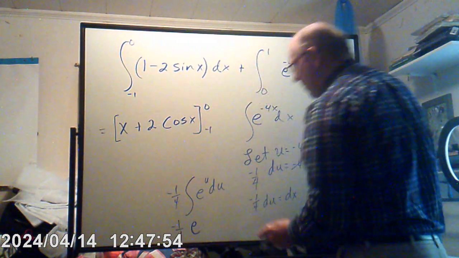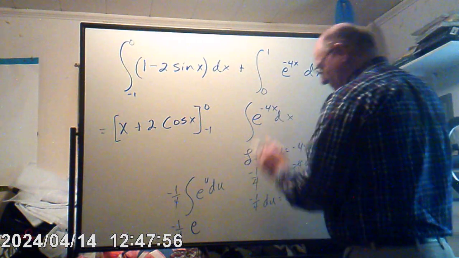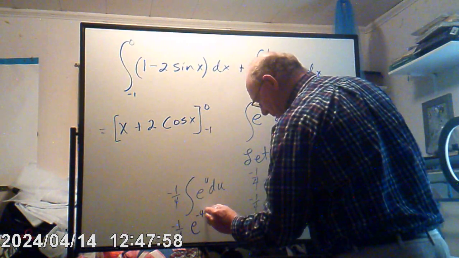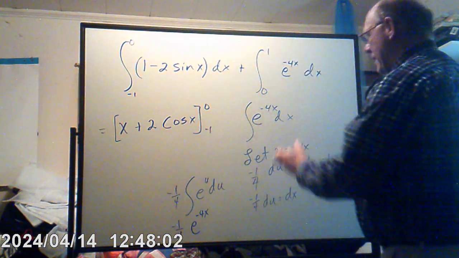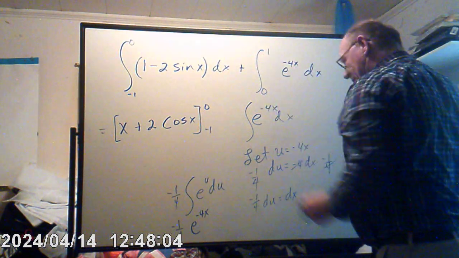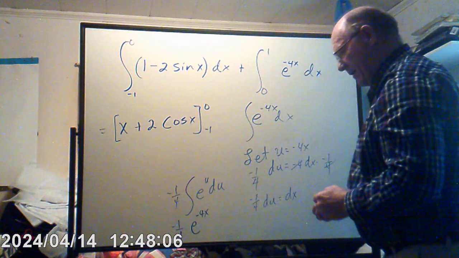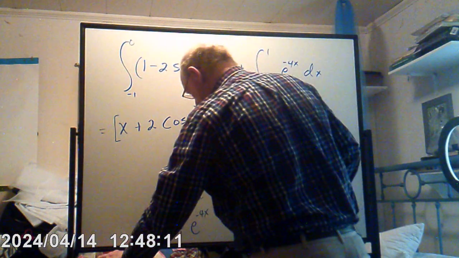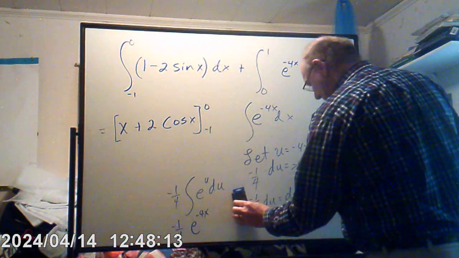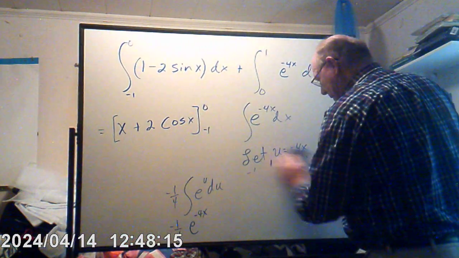But now we know that u is -4x, so e to the -4x, and then of course plus c. But in this case we're not doing a plus c because we're integrating from 0 to 1. Okay, now, so -1/4.